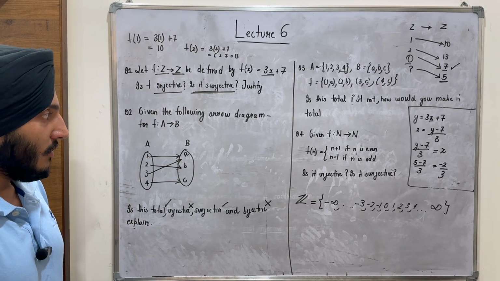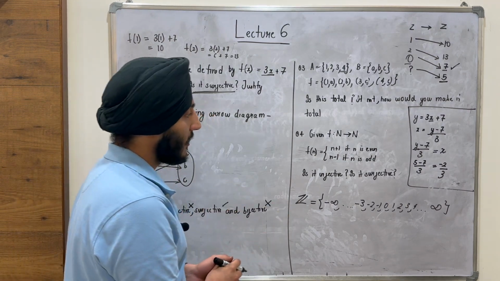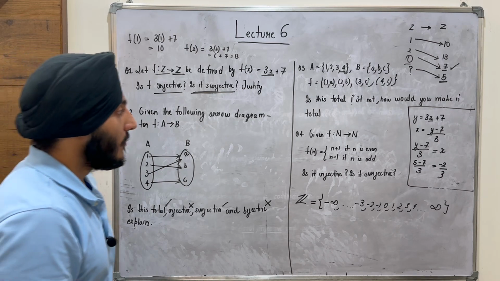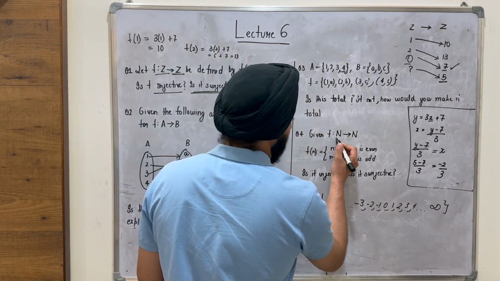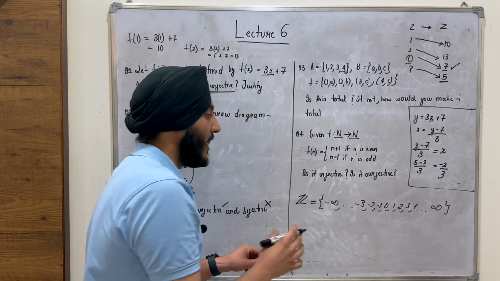Okay, moving on. Let's try to solve the next question now. This is also a tricky question, but it's going to be a lot easier than question number 1. So, given the function from N to N, this N represents the set of all natural numbers.